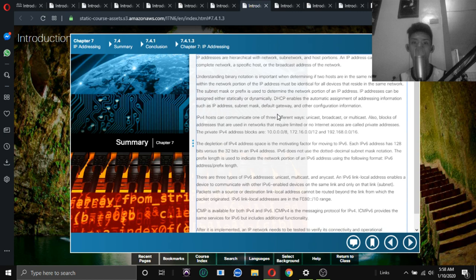IP addresses are hierarchical with network, subnetwork, and host portions. An IP address can represent a complete network, a specific host, or the broadcast address of the network. Understanding binary notation is very important when determining if two hosts are in the same network.